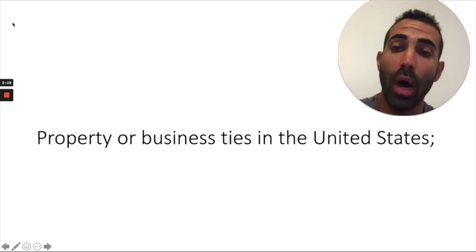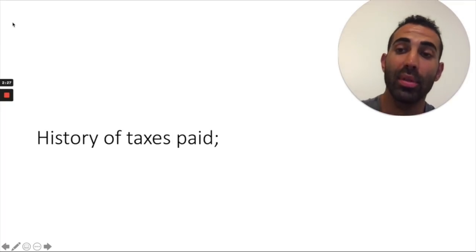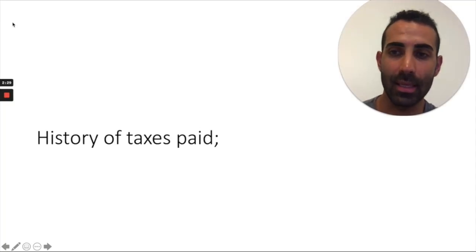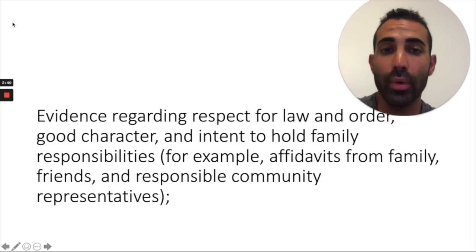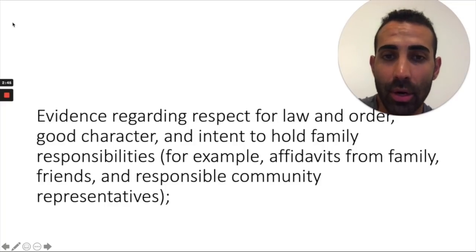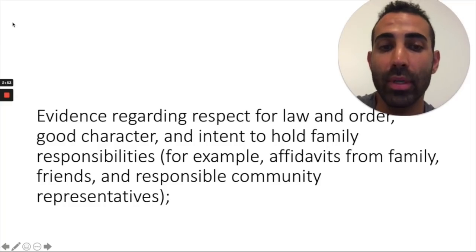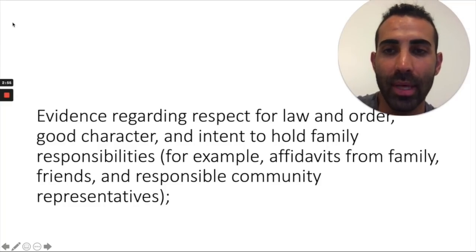The person's property or business ties in the United States. The person's history of paying taxes. Evidence regarding respect for law and order. Good character and intent to hold family responsibilities, for example, affidavits from family, friends, and responsible community representatives.